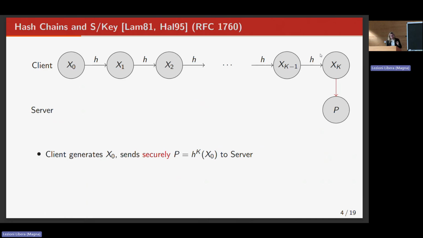So it works as follows. We have the client, for example, your laptop. During the setup phase, it is going to generate a hash chain. So from the user's password and some salt, the element x0 here is going to be the start of the chain.